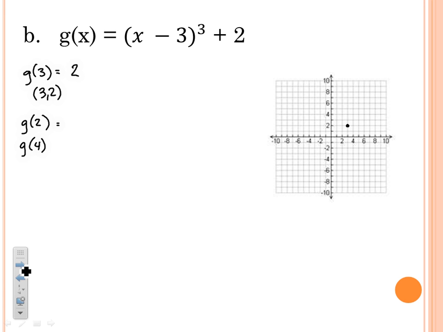Okay, so g of 2 is going to be 2 minus 3 cubed plus 2, which is negative 1 cubed, which is negative 1, plus 2 is 1. So 2, 1 is a point.